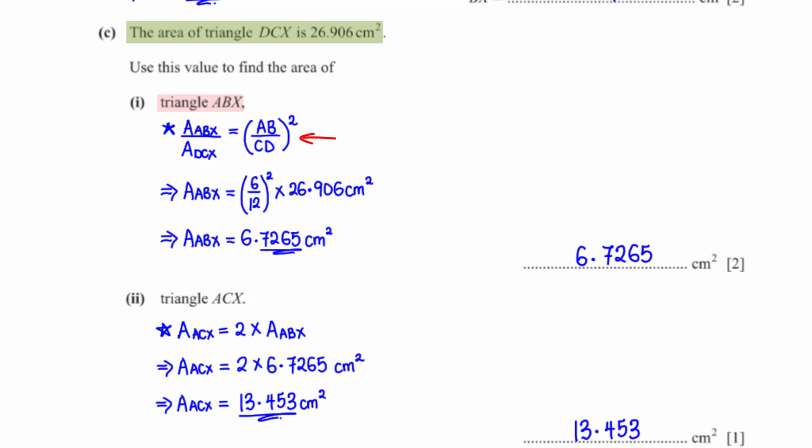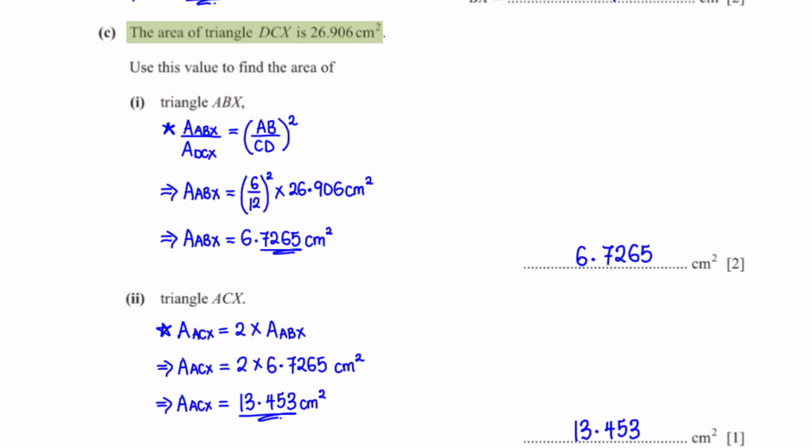Since we are equating the lengths to the area, we need to square AB over CD. When we substitute the values of AB, CD, and the area of triangle DCX, we get the area of triangle ABX as 6.7625 centimeters squared.